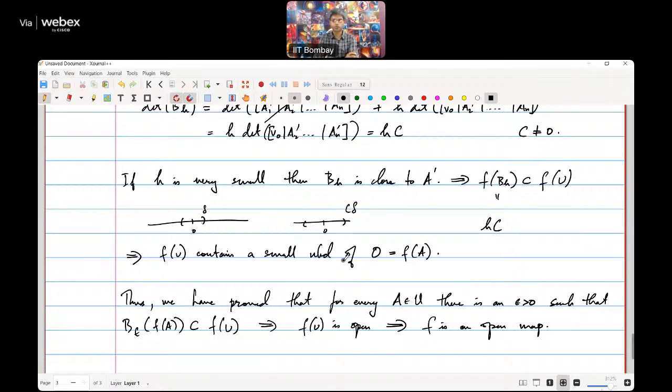Okay, so thank you. Are there any questions? Yes, this proof also shows that GLNR is dense in MNR.